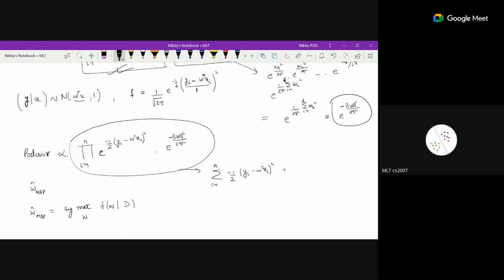Okay. So this would be minus of norm of w square upon 2 gamma square. So this is what my posterior looks like.